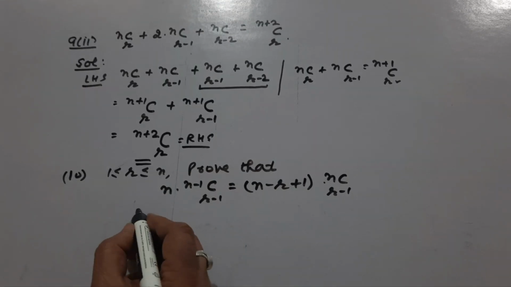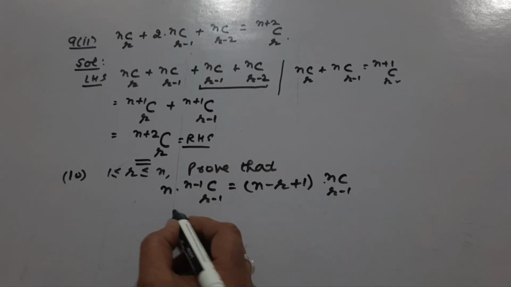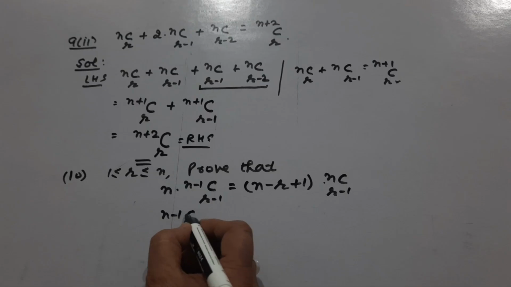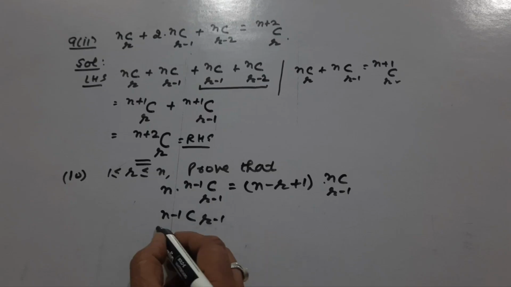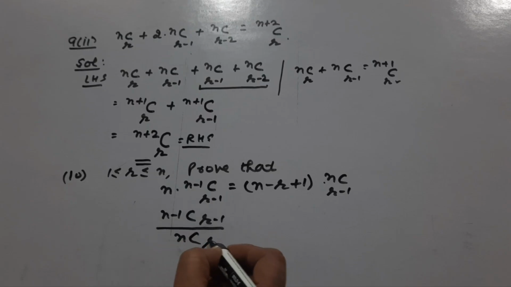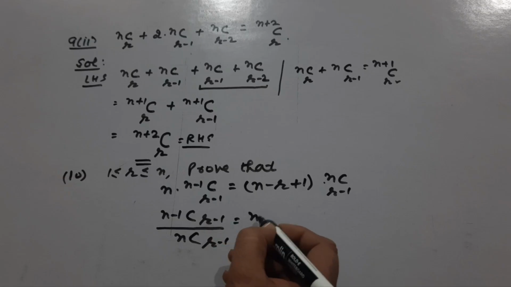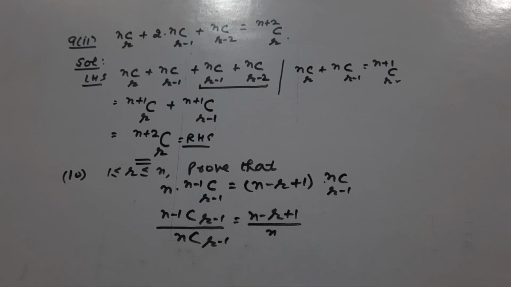So let us do this. We can write this expression like this: n-1Cr-1 upon nCr-1 is equal to n-r+1 upon n.